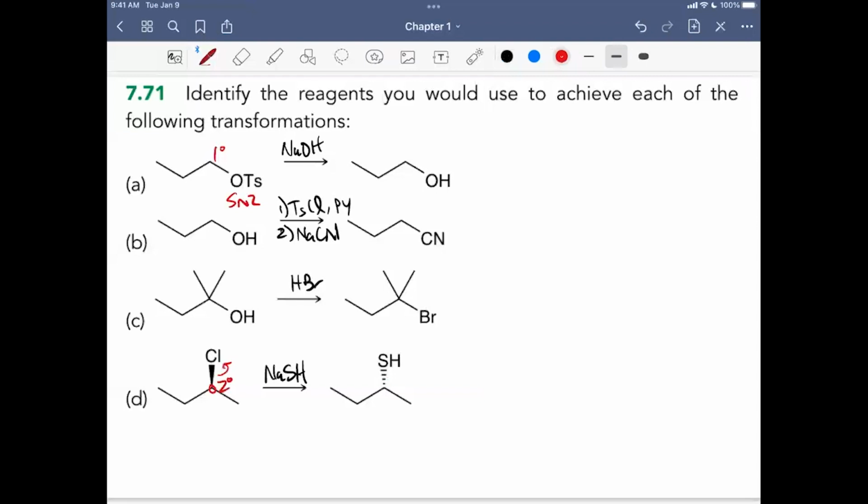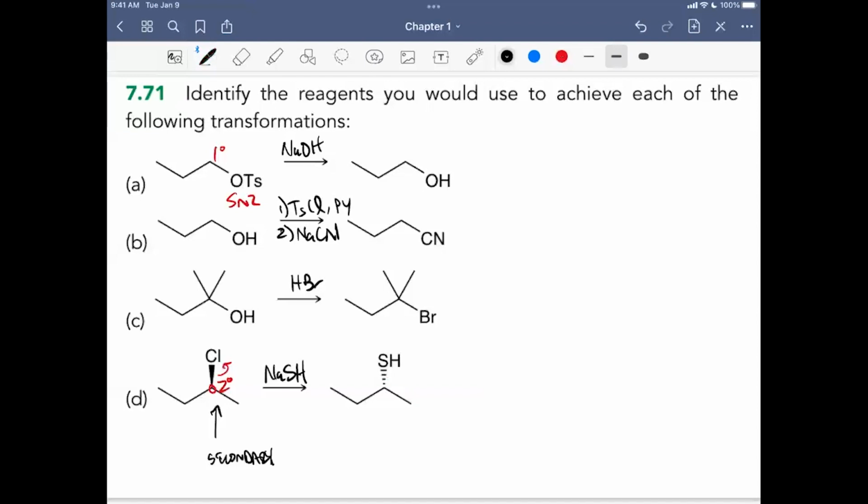This would be the minor product, although the major product would be a double bond if you were to really do this. But if we're adding that SH, it is a nucleophile only, so it can't form a double bond. So even though this is a secondary carbon, it can only do that substitution.